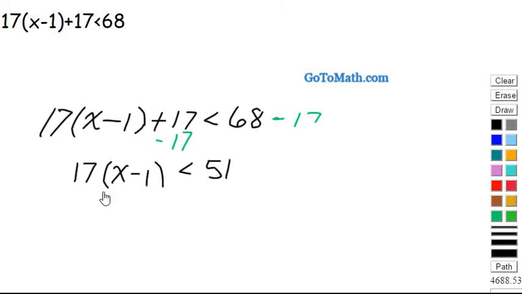Now let's distribute that 17 across. So we have 17x minus 17, and that is going to be less than 51. Now let's get rid of this 17 and add 17 to both sides.